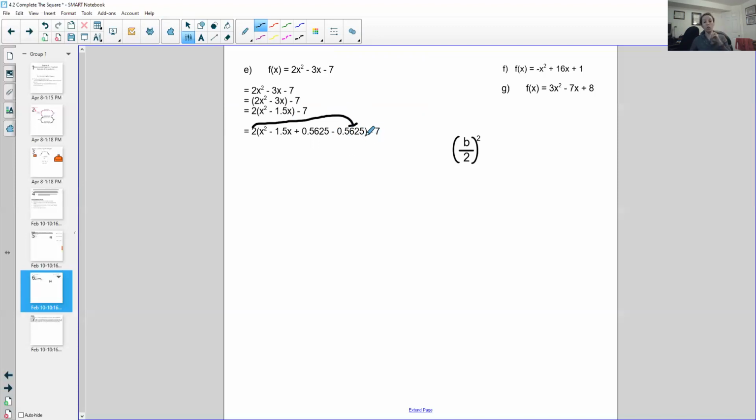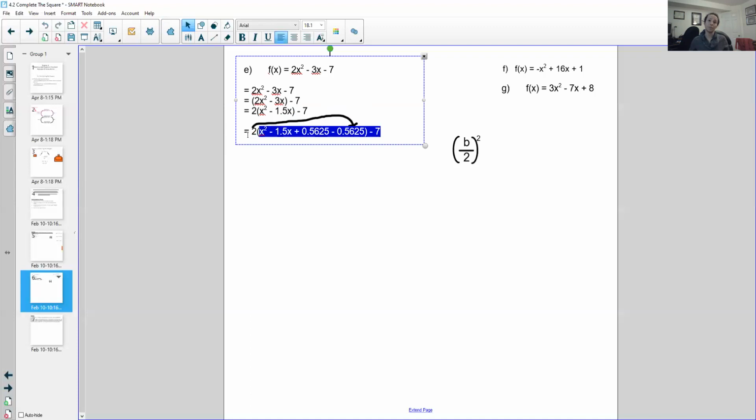So if I pull 0.5625 out of my brackets, I have to remember that it's supposed to get multiplied by 2. When I pull it out, you have to multiply it by this a term.